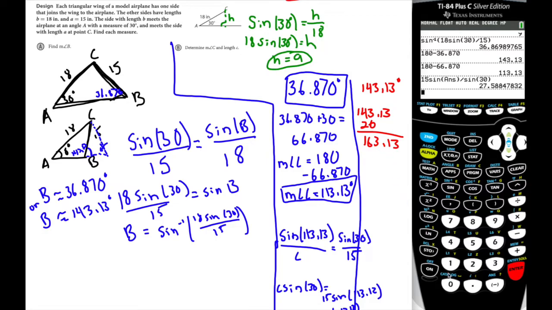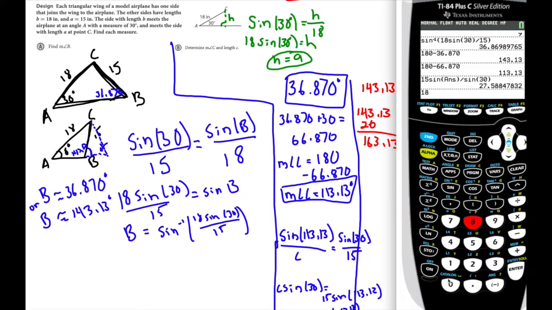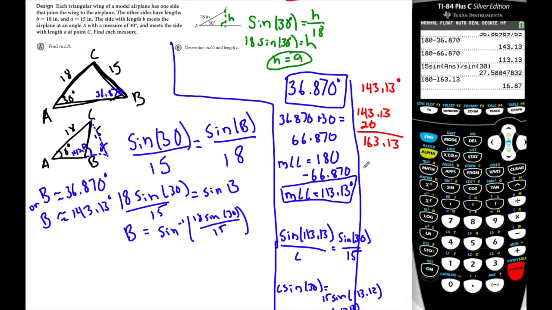I'd have to do 180 minus 163.13, and I'd get 16.87, to represent that little sliver there. Okay. So on the other hand, this is actually going to give me the smallest side.